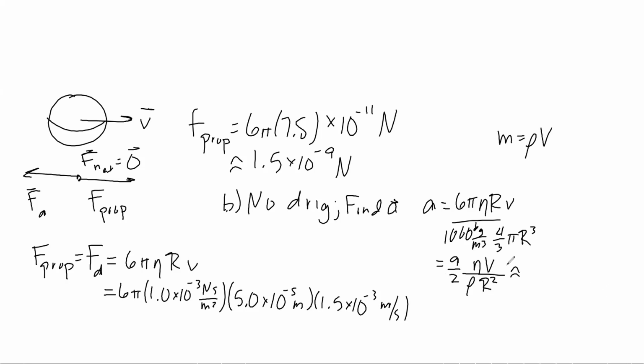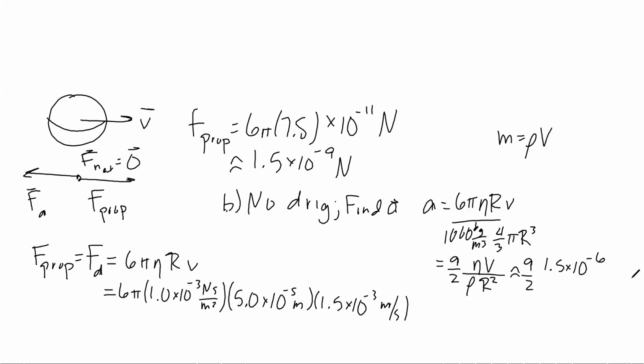Viscosity times speed, I'm not going to calculate it out because that's the point of the problem, but viscosity times speed is about, for this case, about 1.5 times 10 to the negative 6. And those units get stickier from there. I don't even know what that unit is.